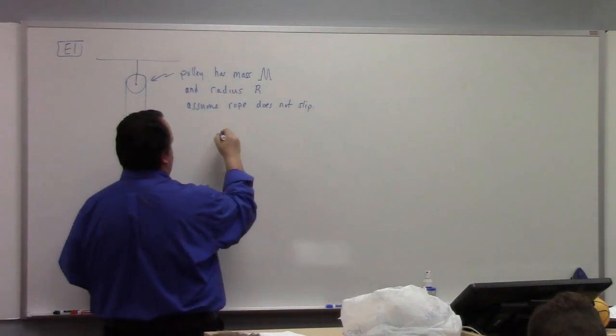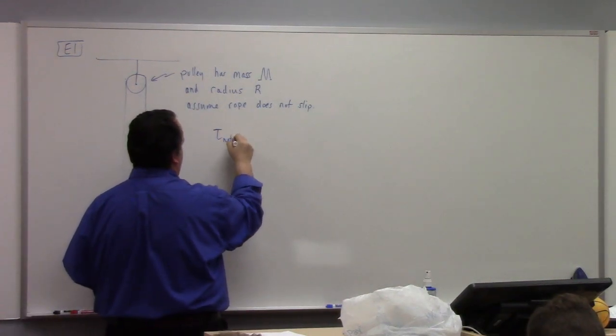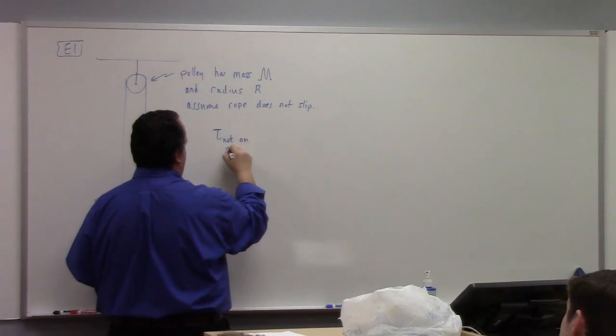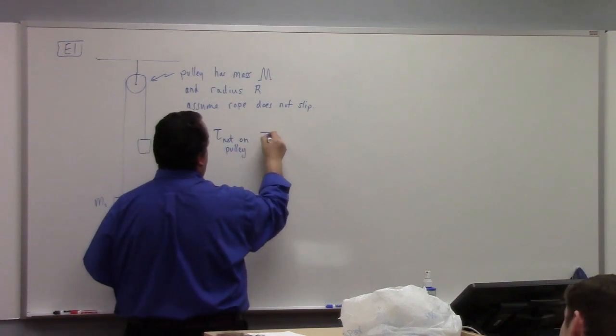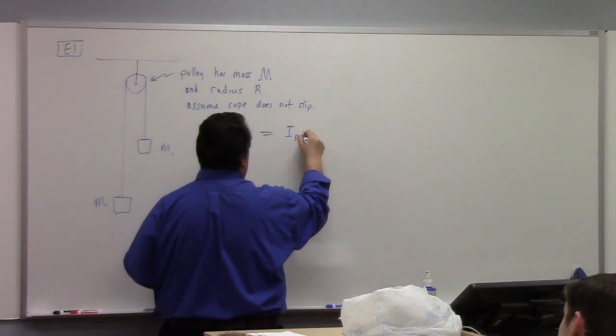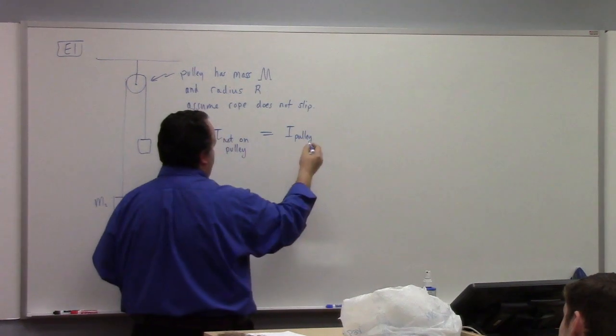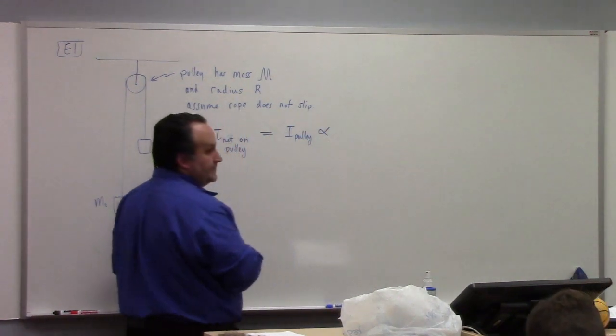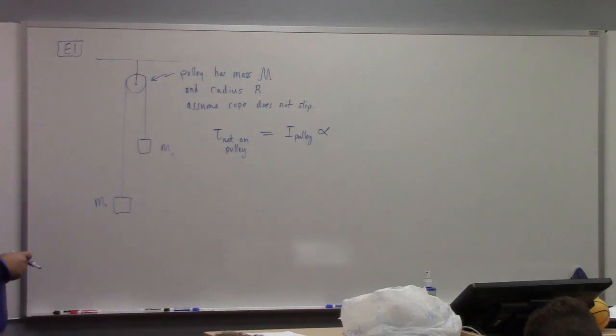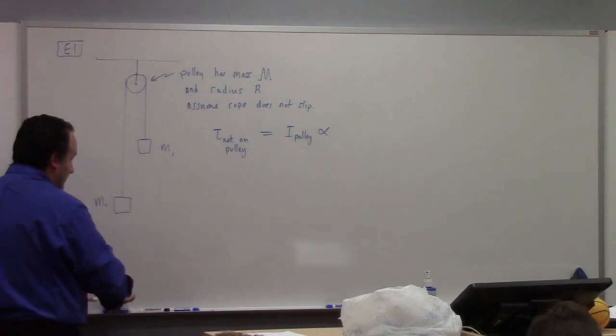The net torque on the pulley is equal to the moment of inertia for the pulley times what? Times the angular acceleration, right? So what is the net torque on the pulley? Why is the pulley turning? What's going on here? Think about it.